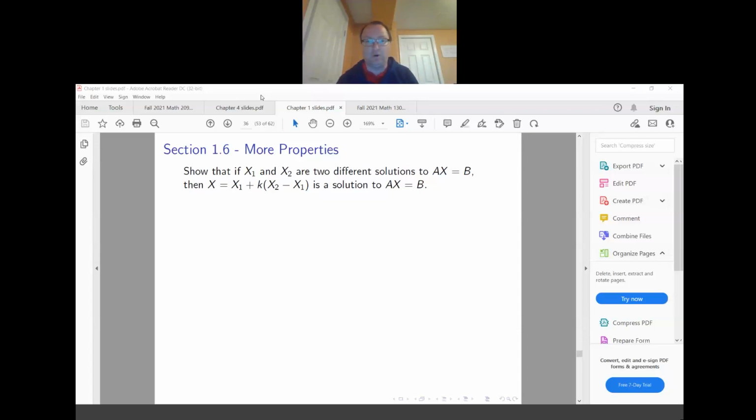Now, before I set you loose to give this question a try, what is this actually showing? So this statement here: show that if x1 and x2 are two different solutions to Ax = b, then some other random thing is a solution to Ax = b. What is this technically showing?